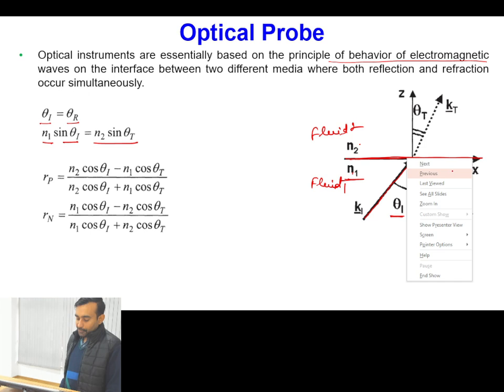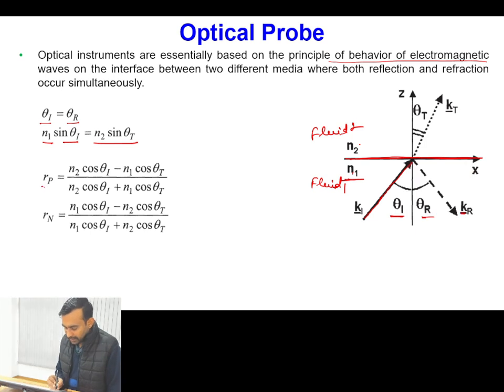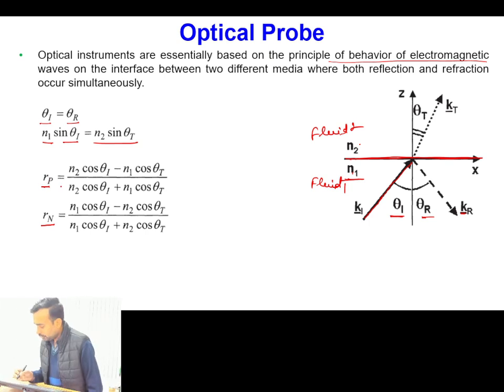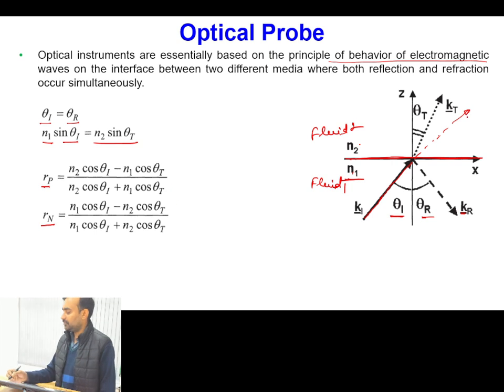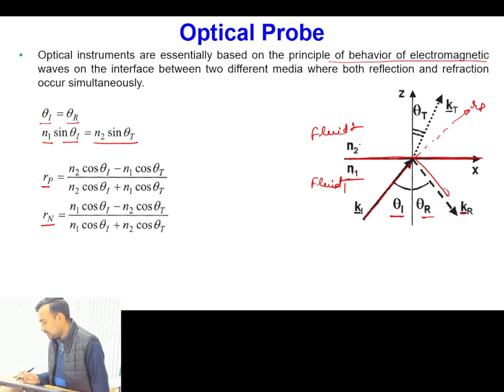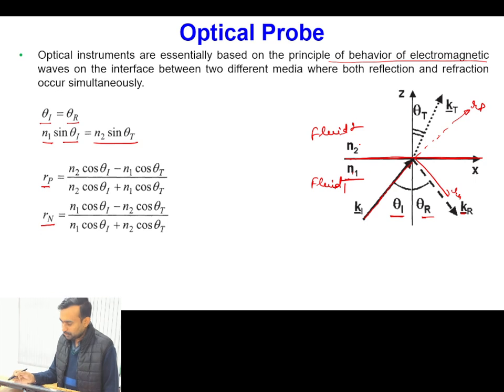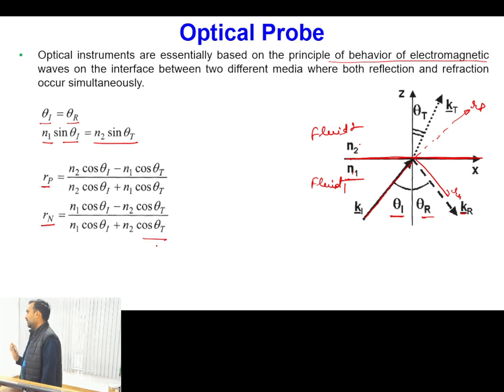Rp and Rn can be taken as the strength of the reflected signal. Rp is the strength of the signal parallel to the incident ray divided by the original strength of the signal, and Rn is the strength of the signal normal to the direction of the incident ray divided by the original signal. Is this point clear? What are Rp and Rn?